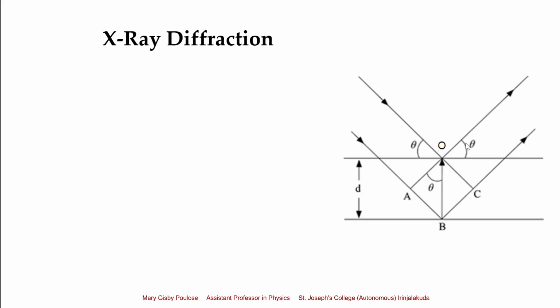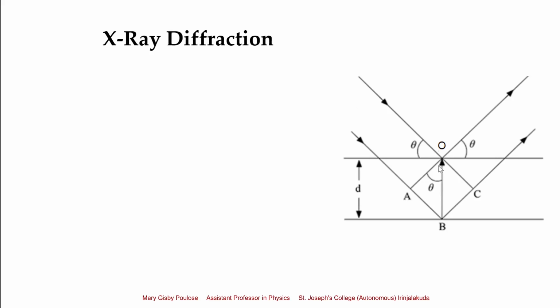The second ray will get reflected upon the second plane in a similar manner. Here this angle will also be theta, that is, the glancing angle on the second plane is also theta. Hence the remaining angle here will be 90 minus theta.